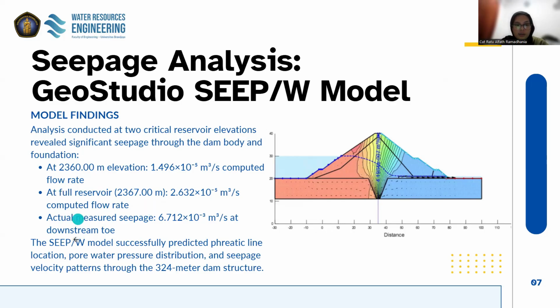The third running model is the actual measured seepage, which is about 6.712 times 10 to the power of minus 5 cubic meters per second at the downstream flow. The GeoStudio model successfully predicted the phreatic line location, the water pressure distribution, and the seepage velocity patterns through the 324 meter dam structure.